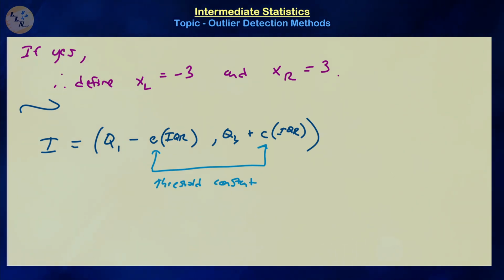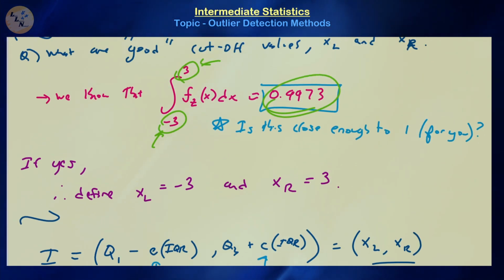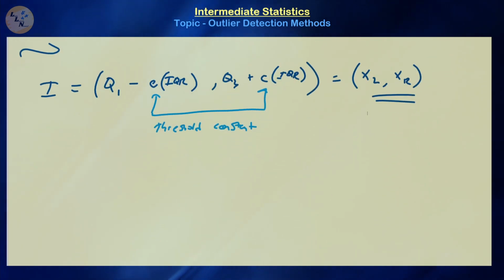And the guiding question is, what exactly is this constant equal to? We've actually made this into a nicer looking interval. This is actually XL and XR in disguise. So let's see what this threshold constant C should be if we're assuming that our data is normally distributed and -3 and 3 are going to be our cutoff values. What will be our interquartile range threshold constant value?